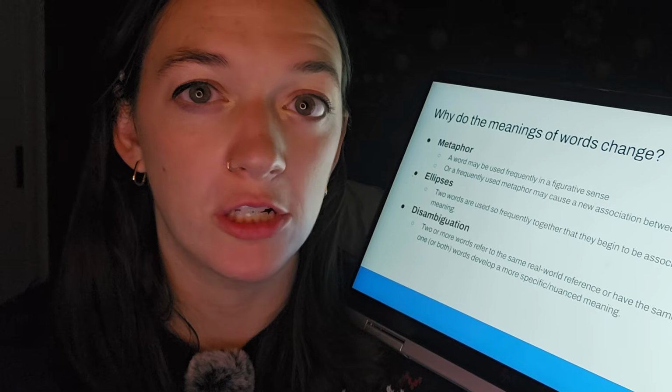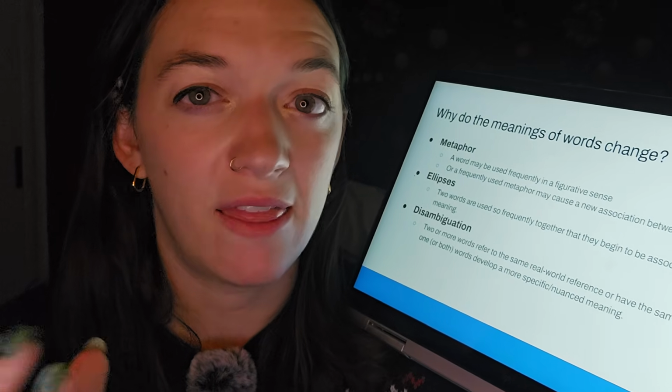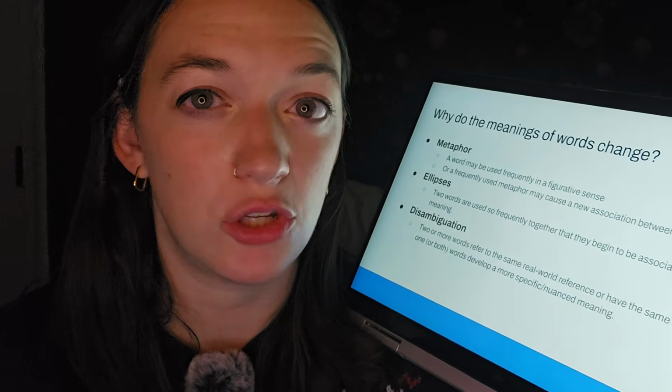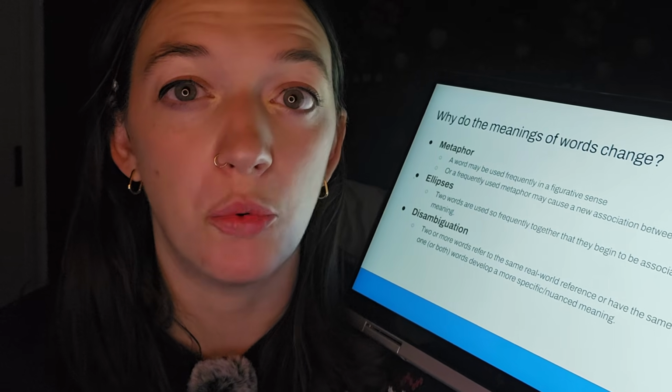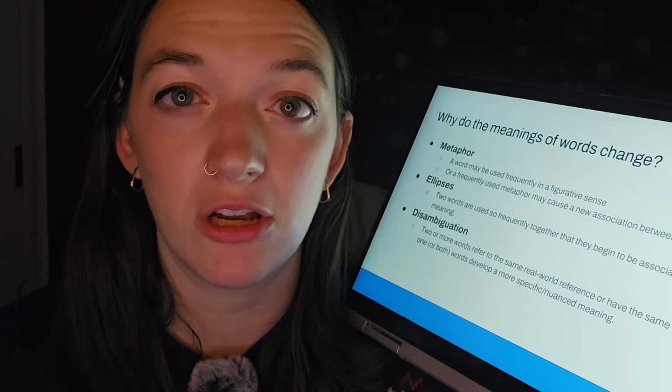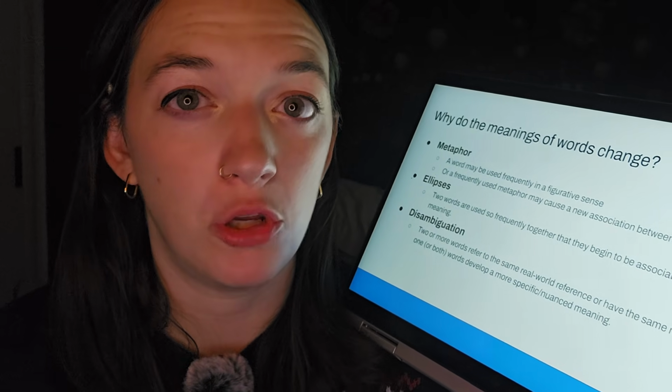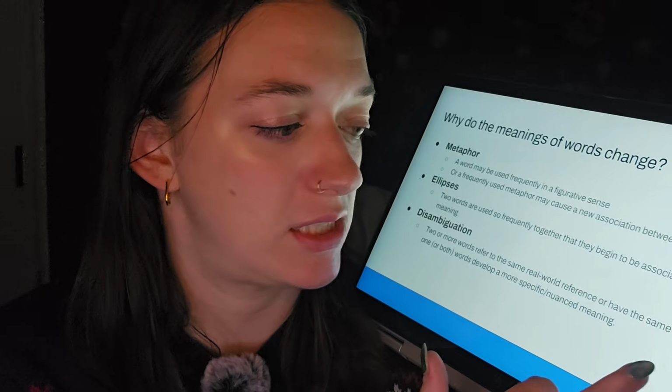Often, even if two words are alike in meaning, they have slight differences in nuance. This is an example of disambiguation, where two words may have started off very similar, but they developed more nuanced individual meanings.